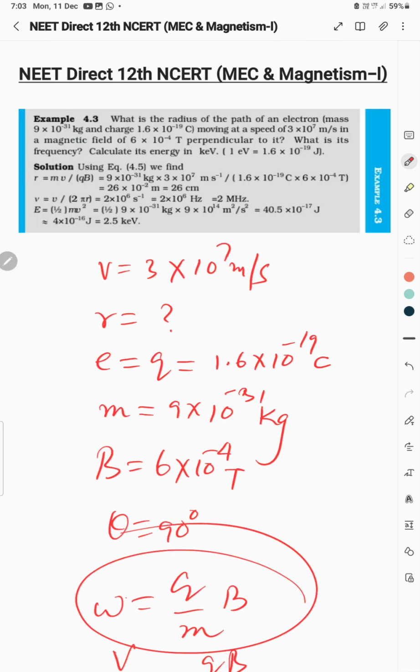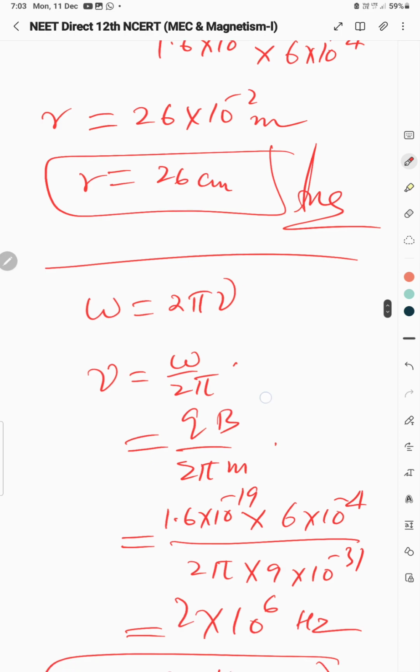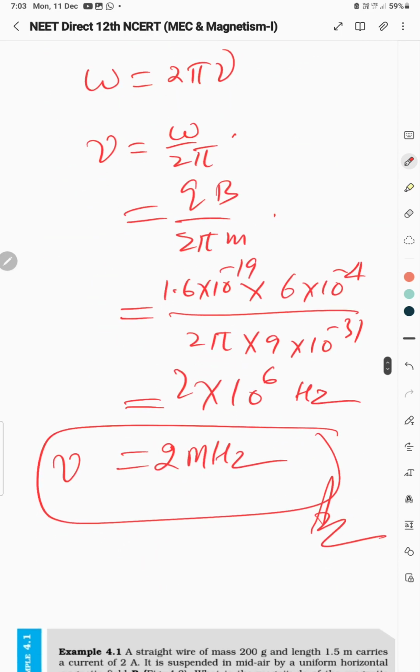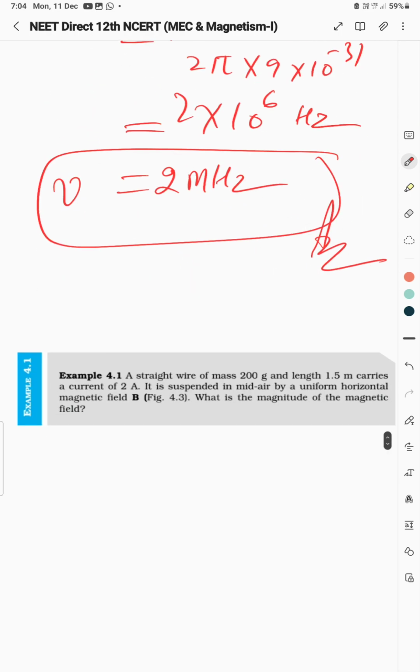And the last part of the problem, calculate the energy in kilo electron volt, how much energy it possesses. Well, in a magnetic field, the only energy a charged particle possesses is the kinetic energy.